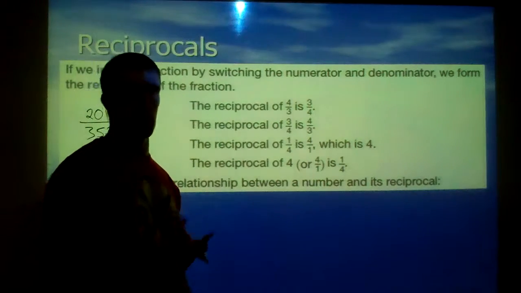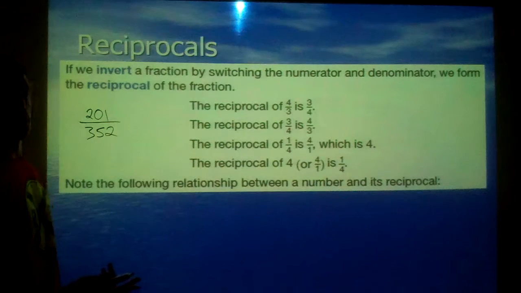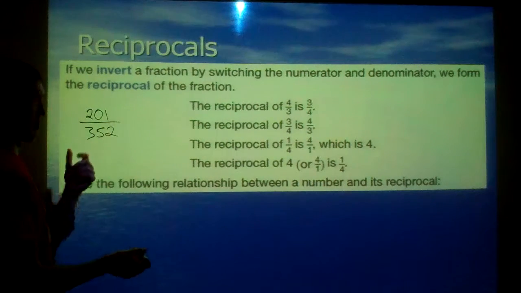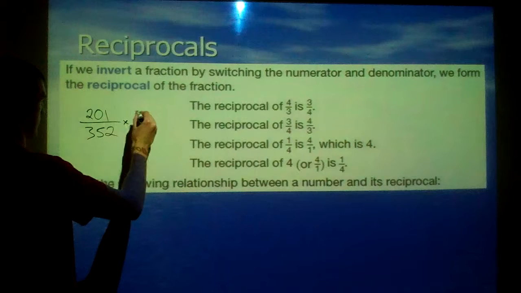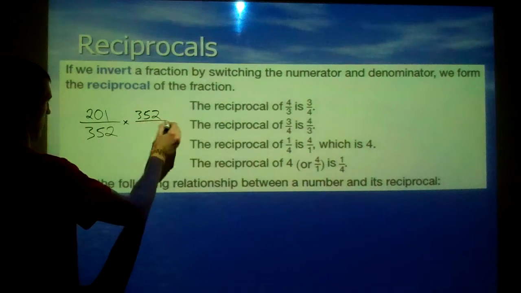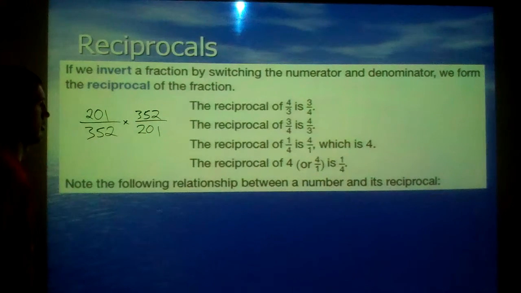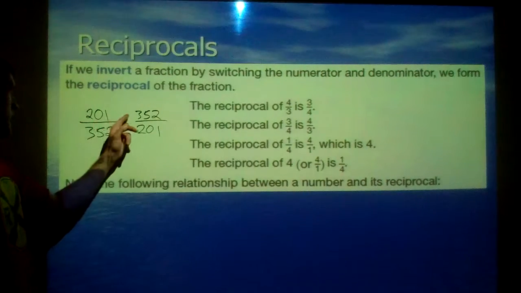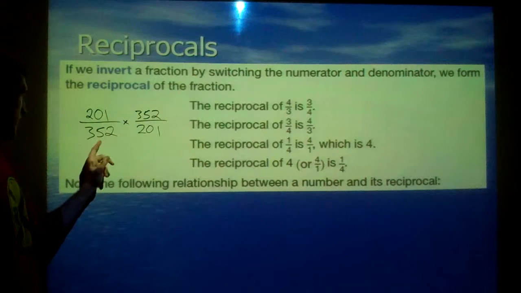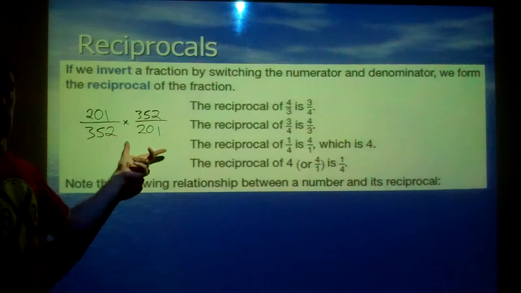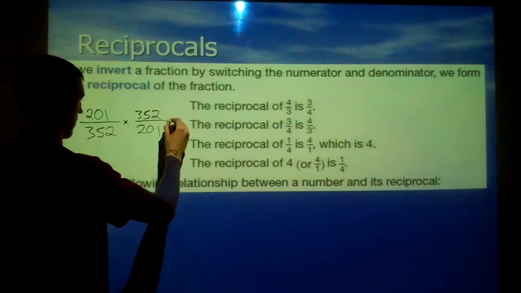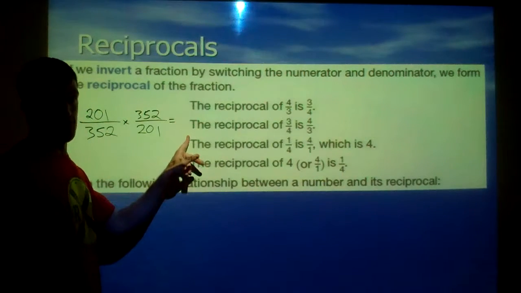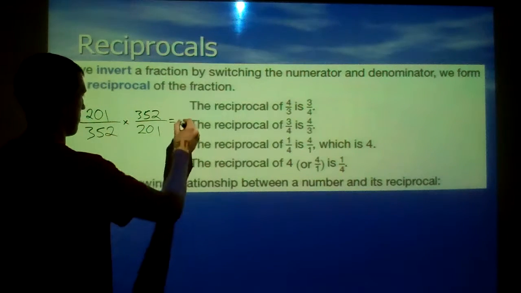And then I asked them what would happen if we multiplied by the reciprocal. So we'd flip it around, times 352 all over 201. Most of the students noticed right away that 201 times 352 is the same thing as 352 times 201, so we'd basically be getting the same number over the same number, which we know is 1.